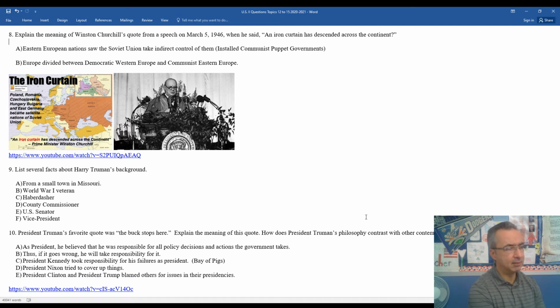He authorized a covert operation to try and remove Castro, the leader of Cuba, from power. It was a failure. People lost their lives, and he went on national TV and took responsibility for the bad decision. President Nixon, he got caught. He tried to cover things up and blame others. Both President Clinton in the 1990s and more recently President Trump, they tend to blame others for issues that are plaguing their presidencies.